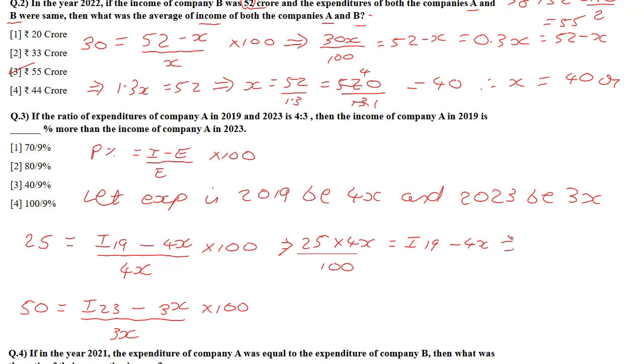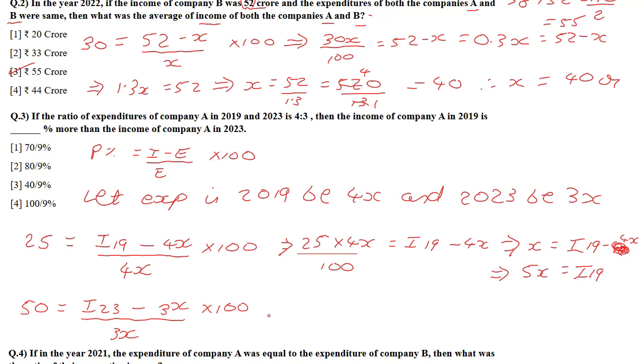So what we're going to end up with is simply x is equal to I19 minus 4x. 4x over here, subtraction goes that side, so it becomes addition. So what we have is 5x is equal to income in 2019.